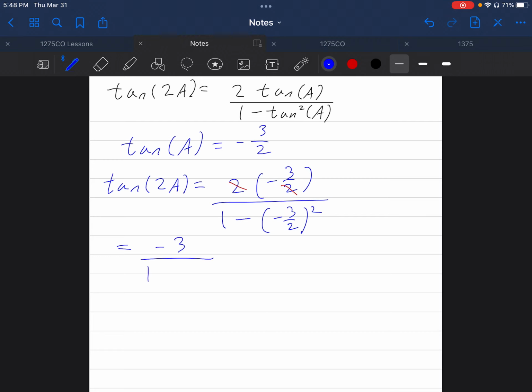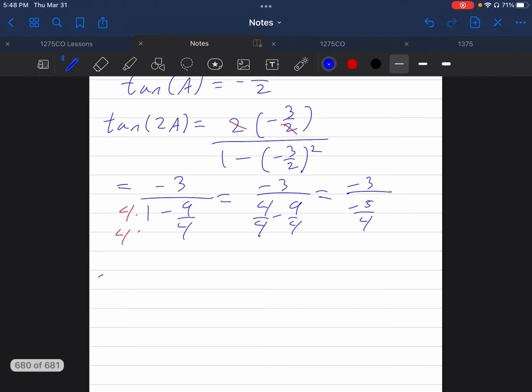On the denominator, that's 1 minus 9 over 4. That's negative 3 over 2 times negative 3 over 2 for a positive 9 over 4. Common denominator, in order to subtract, we're going to get negative 3 on top, 4 over 4 minus 9 over 4 on the bottom, negative 3, divided by negative 5 over 4.